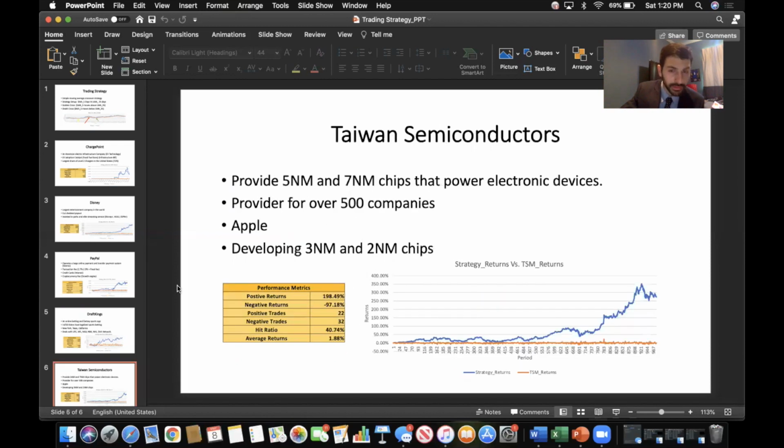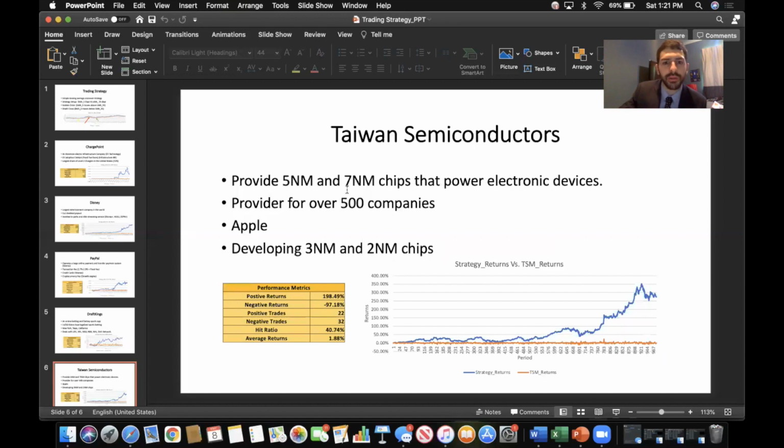Now we have Taiwan Semiconductor, which produces 5 nanometer and 7 nanometer chips that power most of the electronics that you likely use, specifically Apple. Apple uses a lot, about 50% of their products contain their chip.